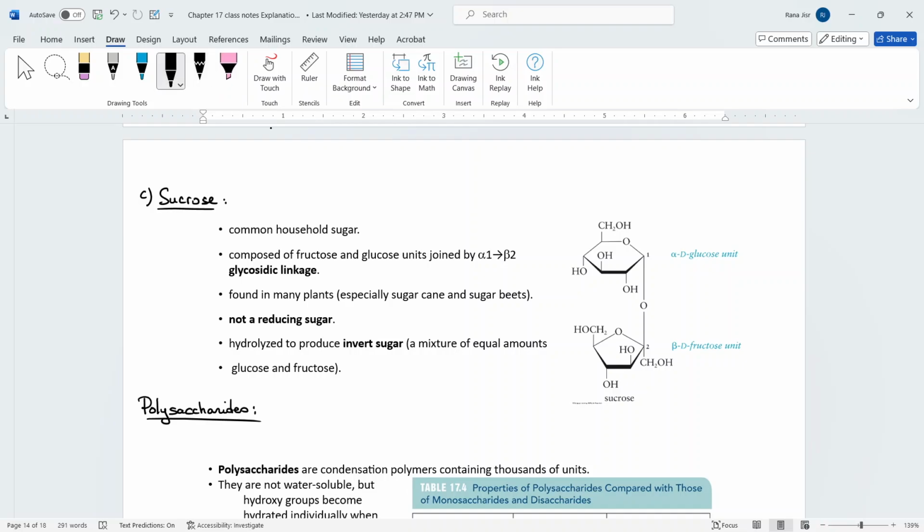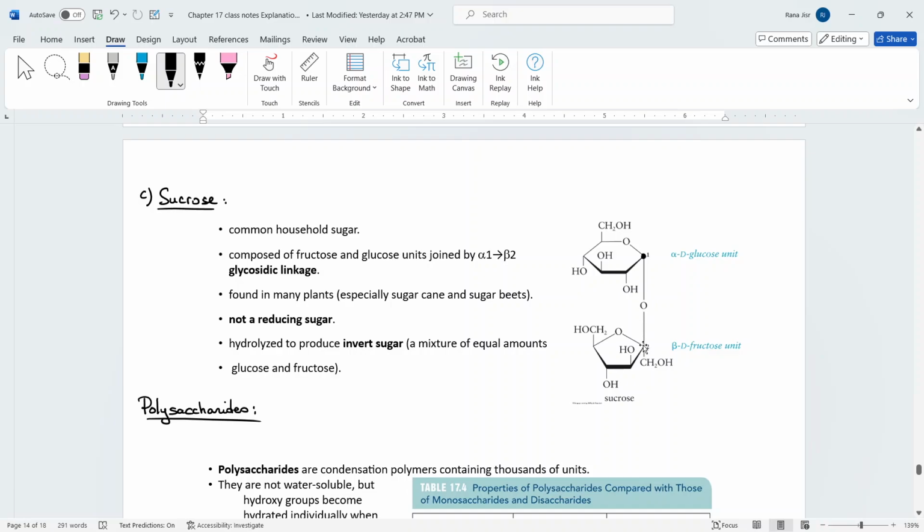So your glucose in there, this is going to be carbon number 1, and that is going to be an alpha D glucose unit. So this is why its OH is pointed down in there. And then the beta D fructose unit, its OH is pointed up. So that fructose will lose a hydrogen, the glucose will lose an OH.